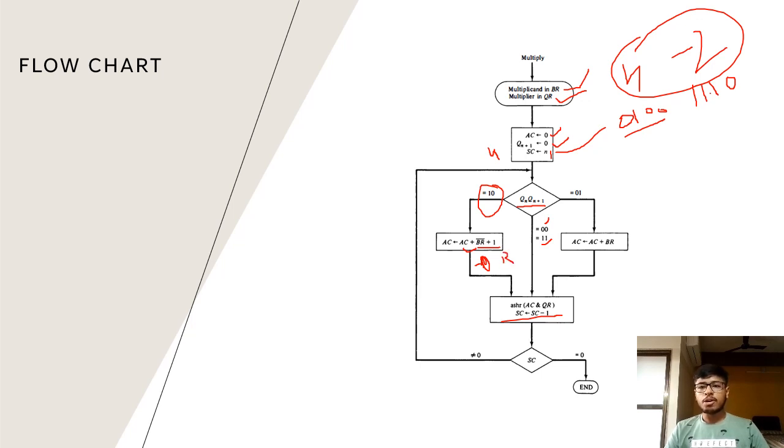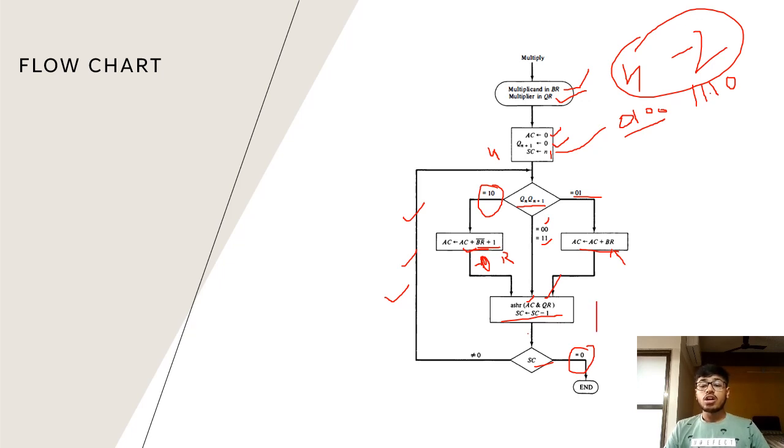If Qn and Qn plus 1 is 0 1, then we will add BR into the accumulator. After either subtracting or adding BR, we will again shift the accumulator and QR register, and decrease the sequence counter by 1. We will repeat this process until the sequence counter becomes 0.